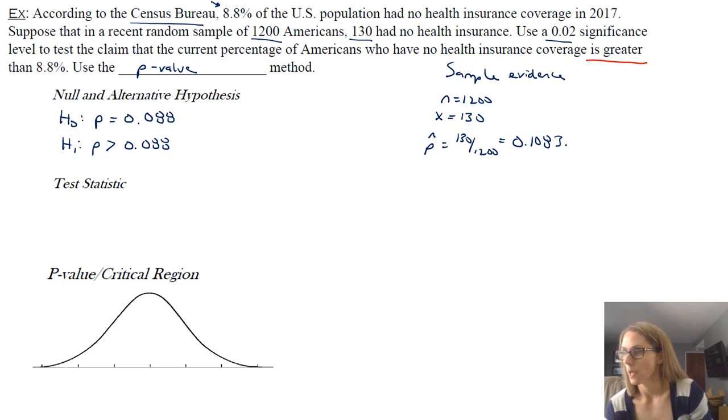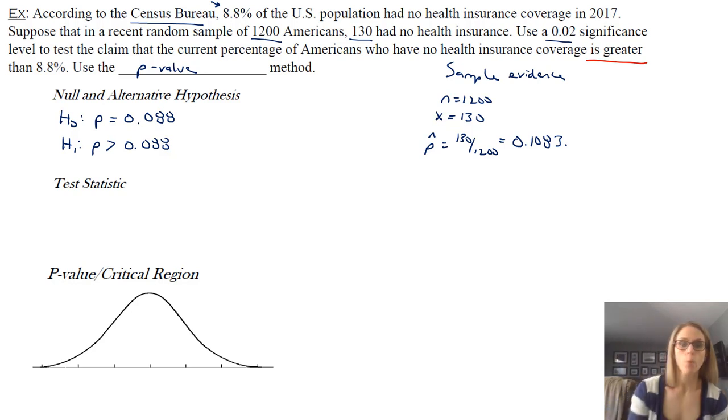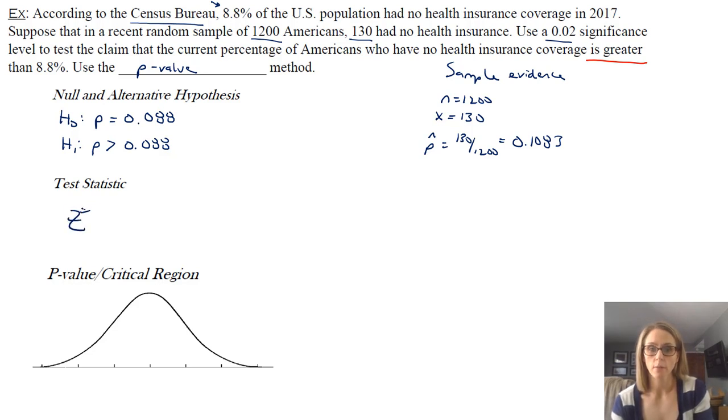Notice that it is bigger than 0.088, but we want to know, is it strong enough, depending on how many people have been sampled and our significance level, to be able to say that things have changed, that this proportion now is greater? So now we do our test statistic, the z star.